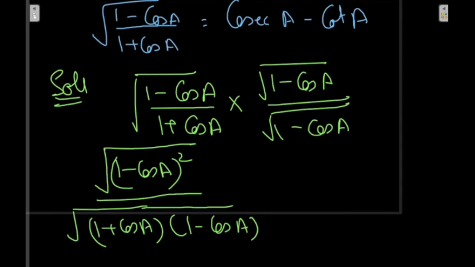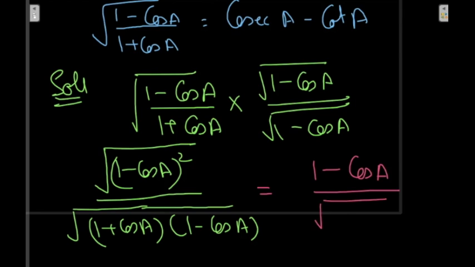Green is too confusing, so let's take a different color. In the numerator this is a square, and we are taking the root of it, so it will become 1 minus cos a. In the denominator, a plus b into a minus b is equal to a square minus b square. So the same thing applies here.